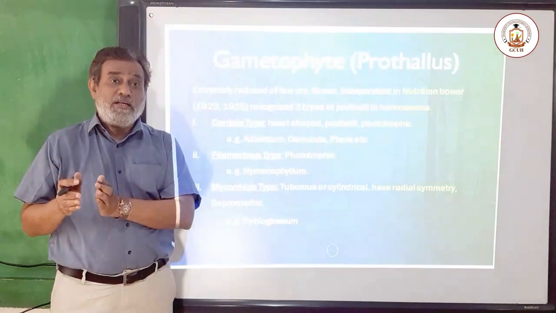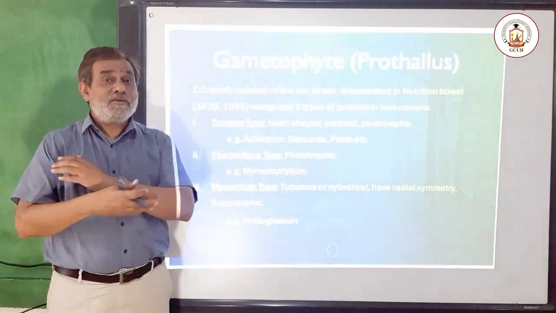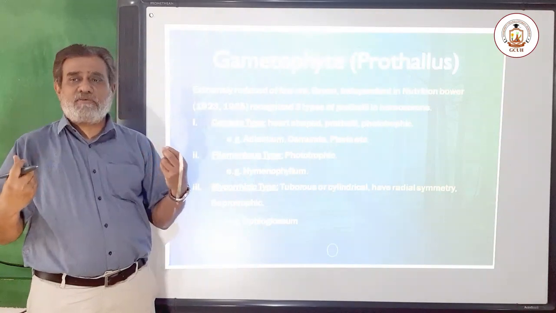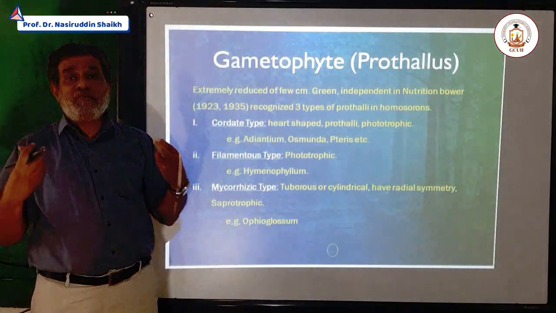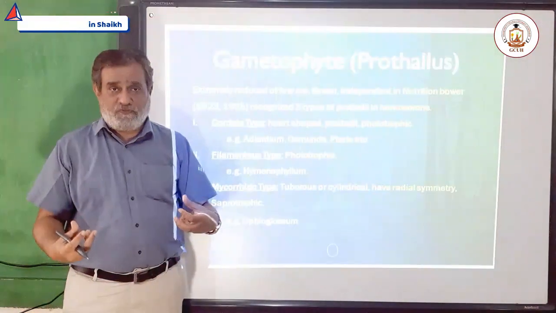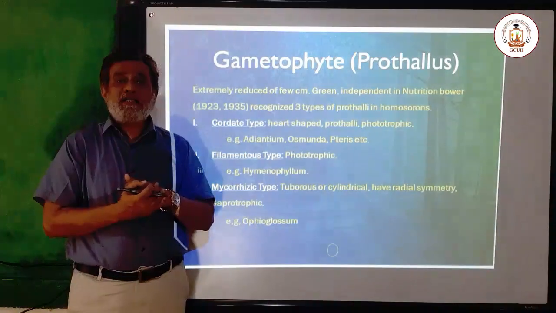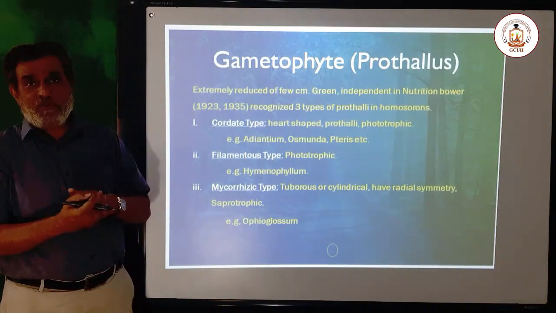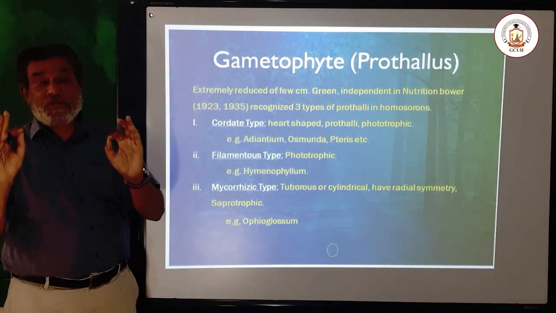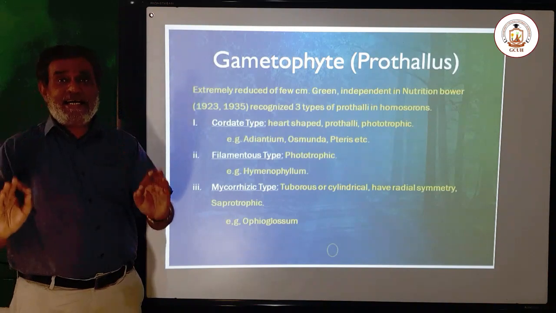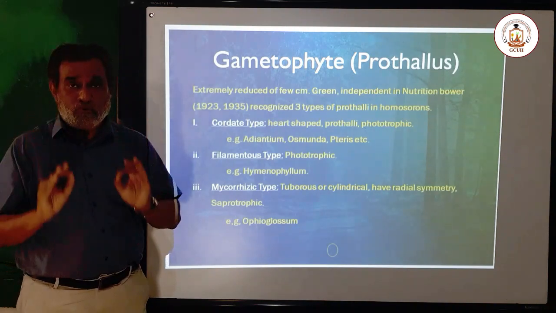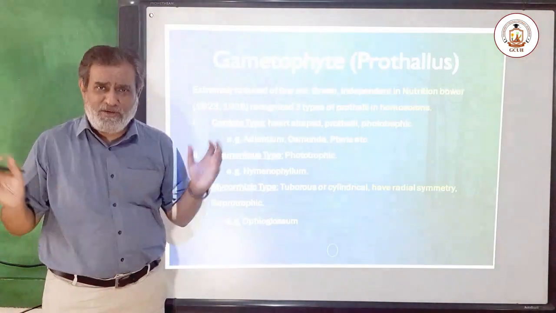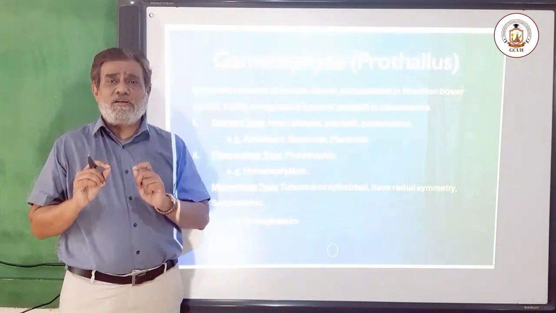It is thalloid, without stem, without leaf, with just rhizoids, and it produces the gametangia on it. Most of them are monoecious, meaning antheridia and archegonia are both on the same thallus. In spite of that, it is very small in size.